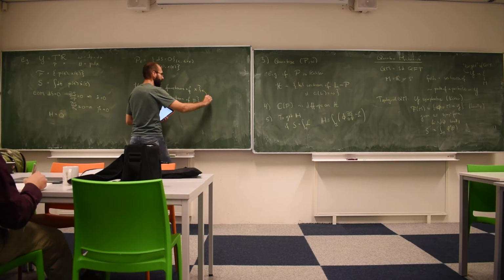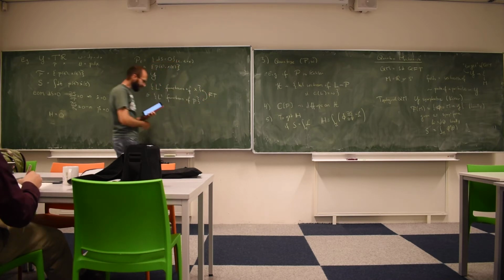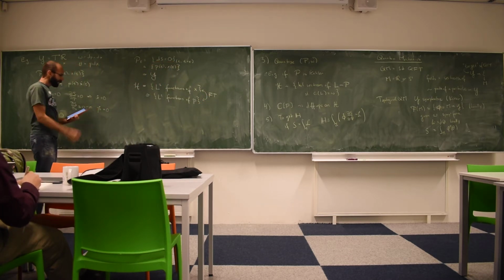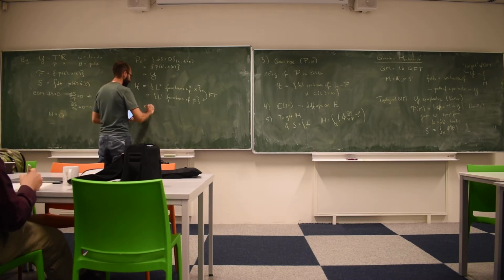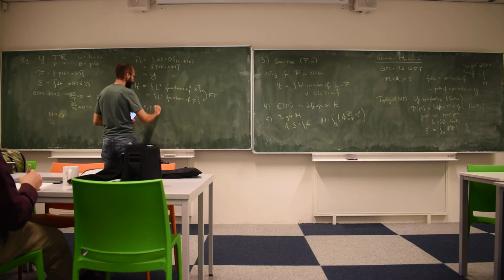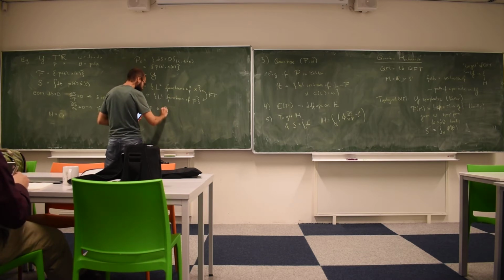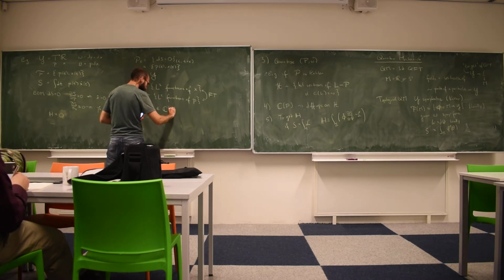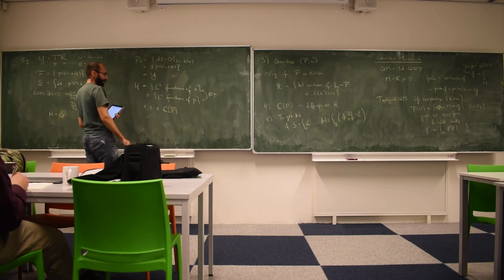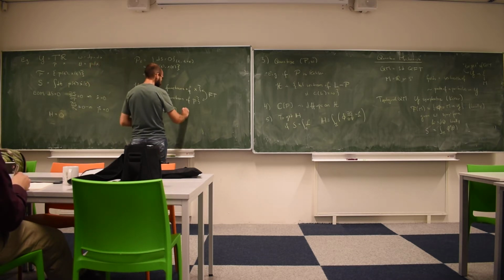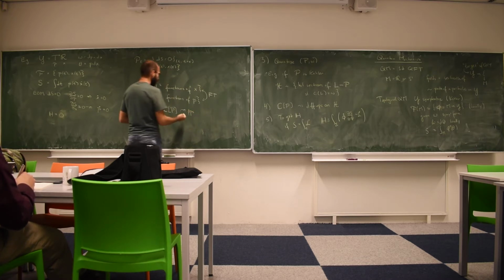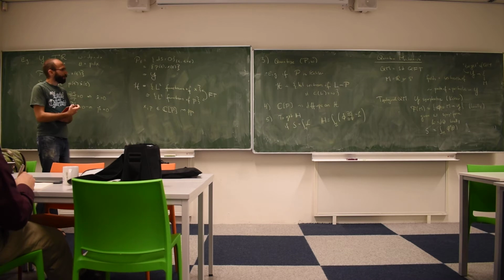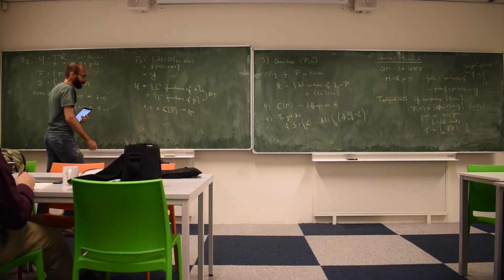Where the two representations are related by Fourier transform, and then x and p as functions on phase space get promoted to operators, to differential operators in the top representation.